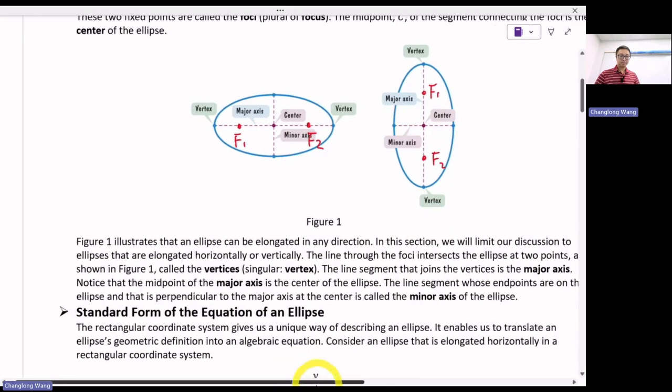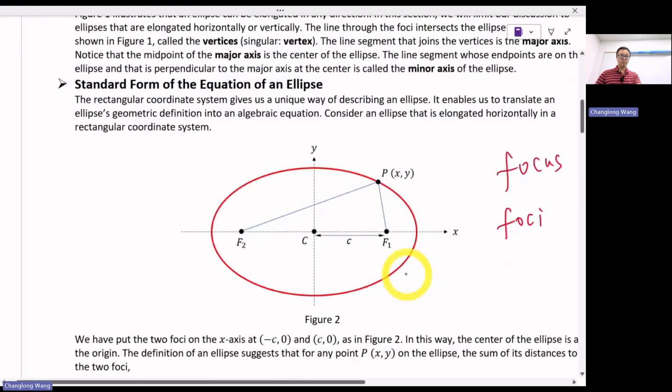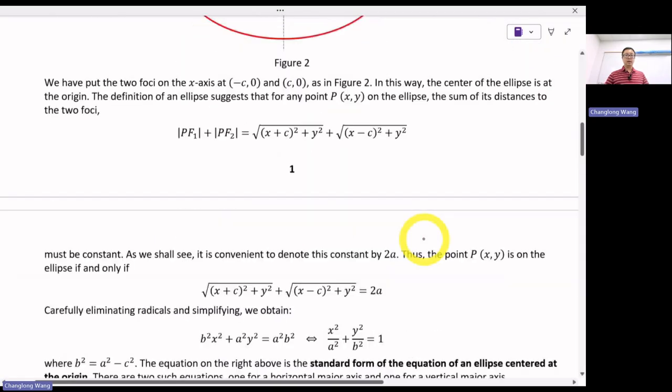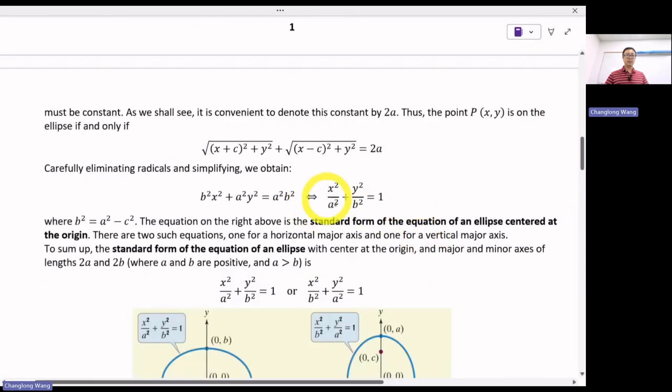Now, moving on. So again, I wish I had the time to show the algebra to turn that ugly equation defining the ellipse, using the sum of the distances from P to F1 and F2 being a constant, into a much easier equation to deal with.